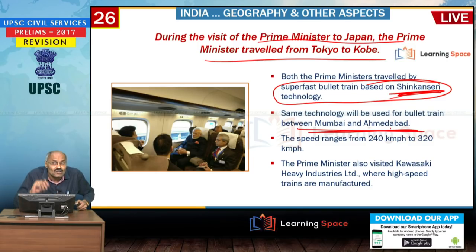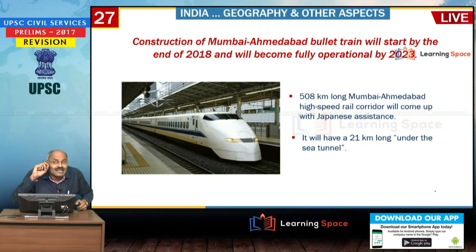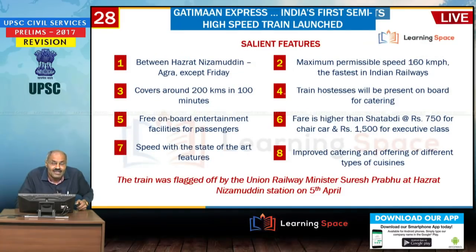And the Prime Minister also visited Kawasaki Heavy Industries. Of course, this is not that important, but what is important is Shinkansen technology will be used for the bullet train project between Mumbai and Ahmedabad, and this is going to come up 500 kilometers length, and this will come up with Japanese assistance, likely to be commissioned by 2023.